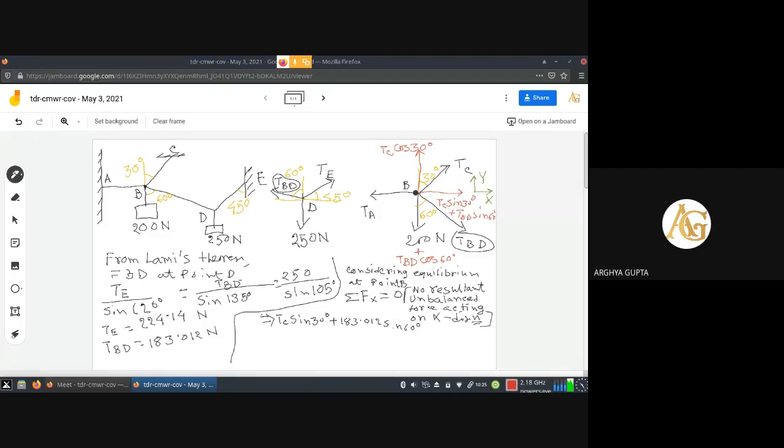Now there is the positive x and negative x is TA. Let me check again. TC sin 30 degree plus the TBD value, so 183 sin 60 degree is equal to TA, the force acting in the opposite direction. I can write minus TA is 0 or it is equal to TA. They are the same thing.